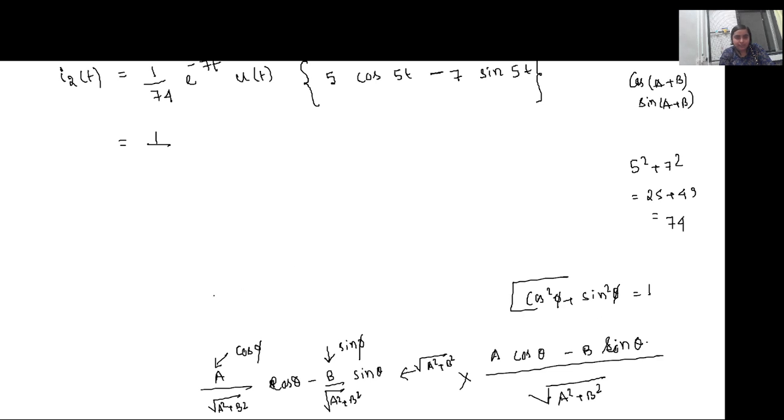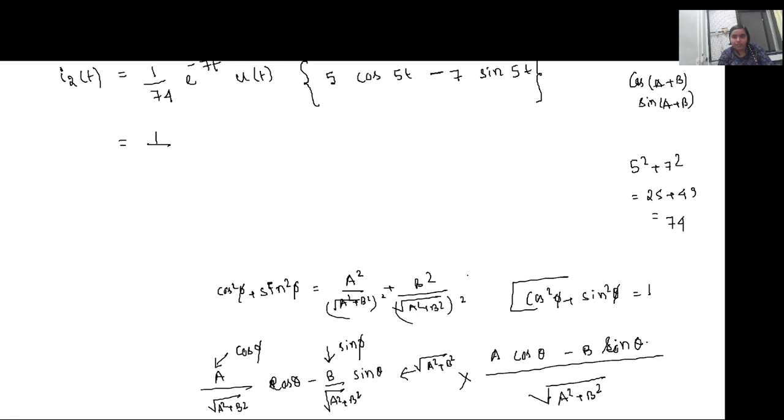For example, in this case, if we write cos square phi plus sin square phi, it will be a square by square root of a square plus b square whole square, plus b square by square root of a square plus b square whole square.